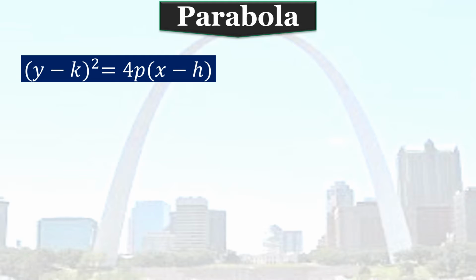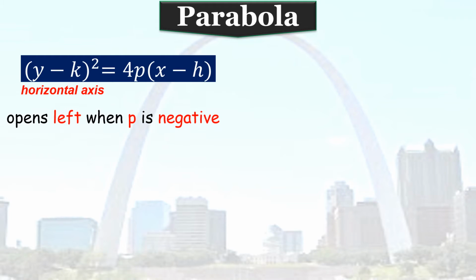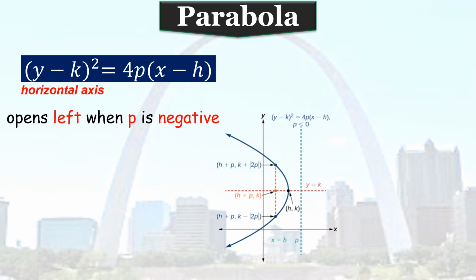The other form of parabola along the conic section is (y minus k) squared equals 4p times (x minus h). This means that the parabola lies along the horizontal axis. It opens left when p is negative.